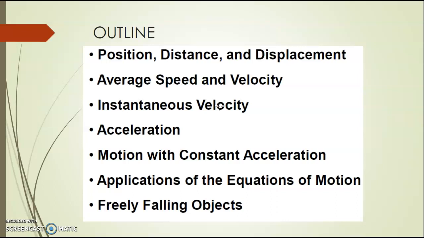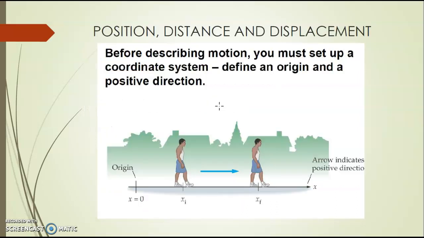So here we're going to discuss the following. Alright, so before describing a motion, you must set up your point of origin, okay, to identify if you're going to a positive direction or to a negative direction.